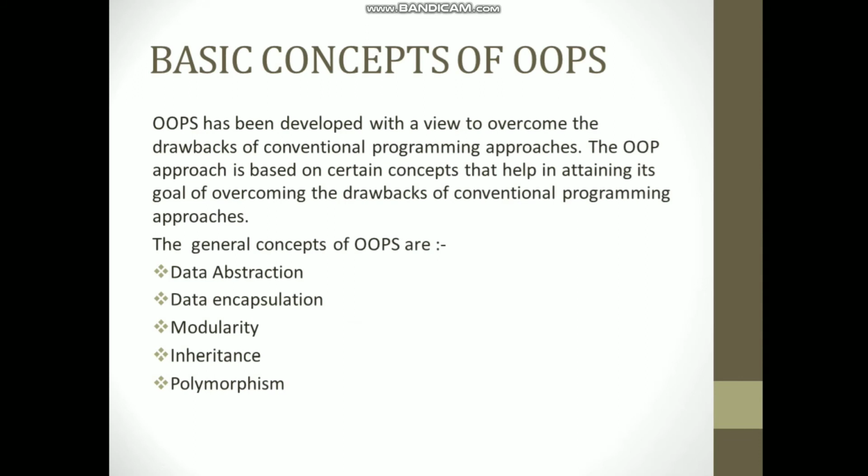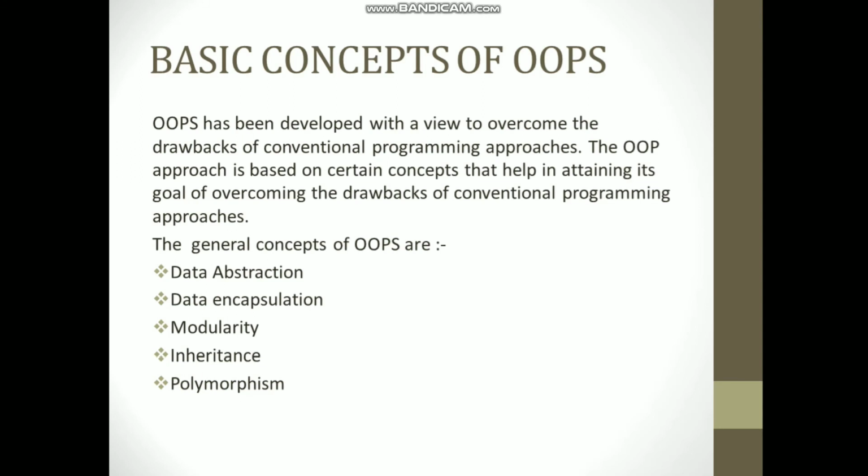So in object-oriented programming structure, it has been resolved. Object-oriented programming structure came with the concept to overcome the drawbacks of conventional programming approaches. The general concepts of object-oriented programming structures are data abstraction, data encapsulation, modularity, inheritance, and polymorphism.